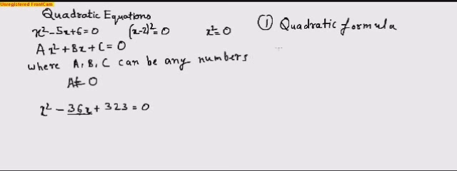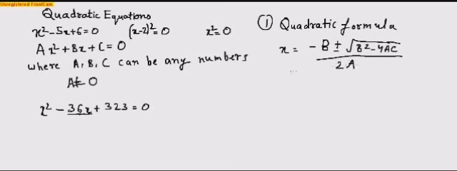Now the quadratic formula says that x equal to minus b plus minus root of b square minus 4ac by 2 into a, where a, b, c are the coefficients of a quadratic equation.